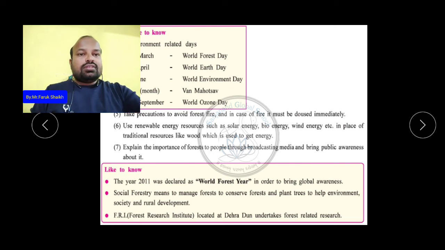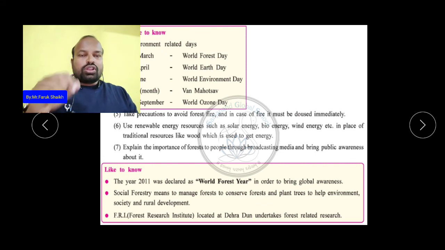Explain the importance of forest to people through broadcasting media and bring public awareness about it. We can make people aware of the importance of the forest. There are so many platforms where we can spread the awareness.